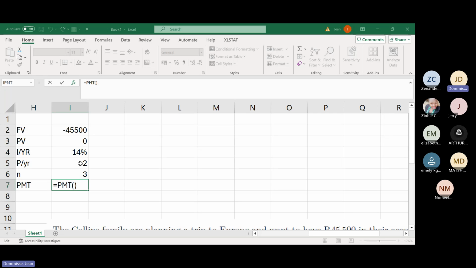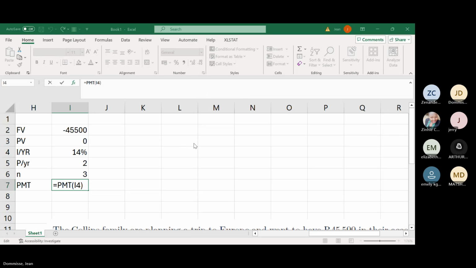Let's look at the PMT function. It asks for the interest rate, but look at what they're saying. Rate is the interest rate per period for the loan. For example, use 6% divided by 4 for quarterly payments. So we will need to change that, but let's first look at the other things. NPER is the total number of payments for the loan. So we also need to change something there.